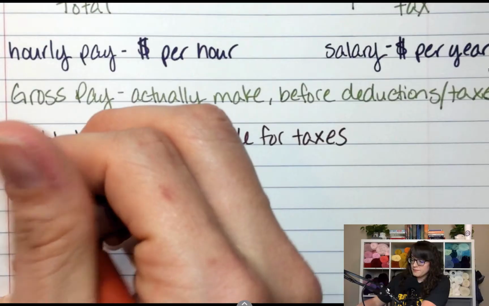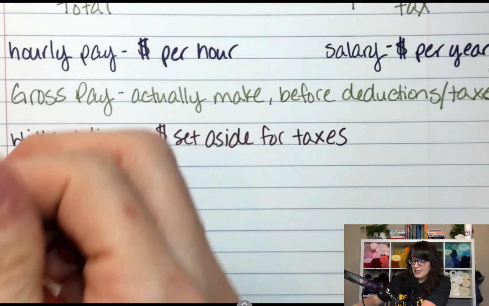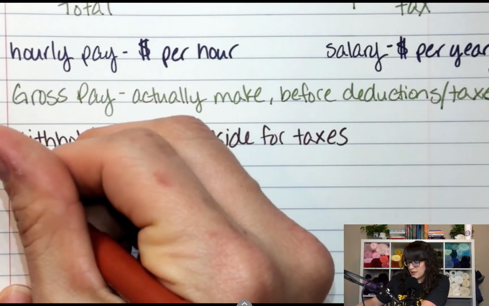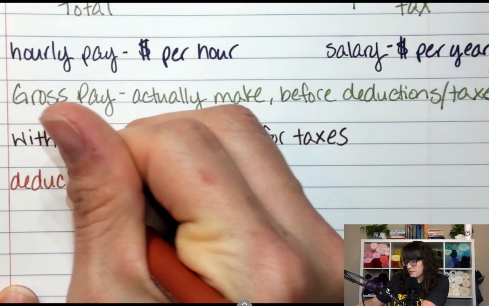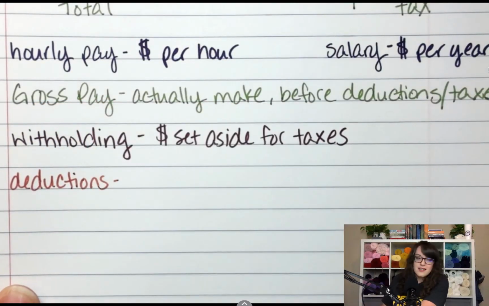The other things you can take out of your paycheck are called deductions. Deductions are usually things that you get to choose. So like your health insurance, if you want to have dental insurance or eye insurance, if you like to set money aside for charities, those are deductions.